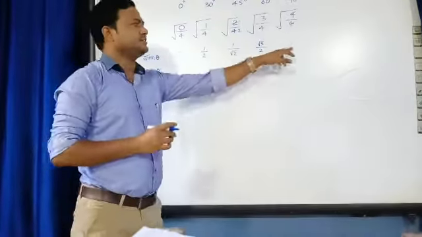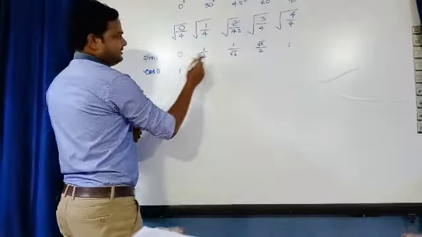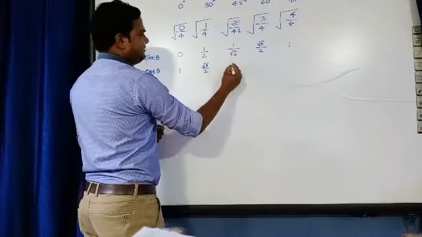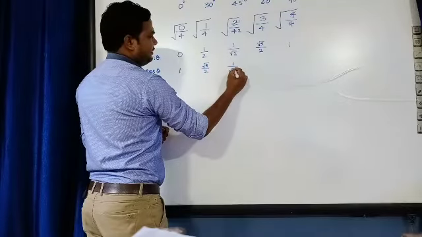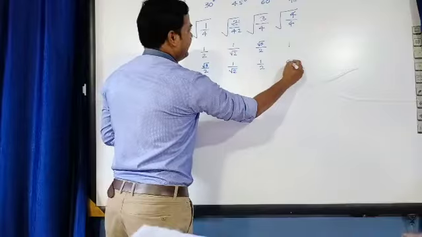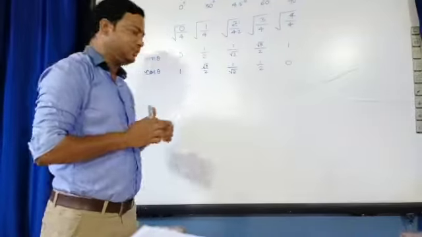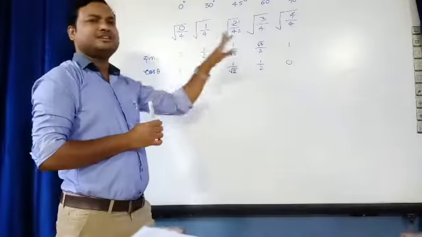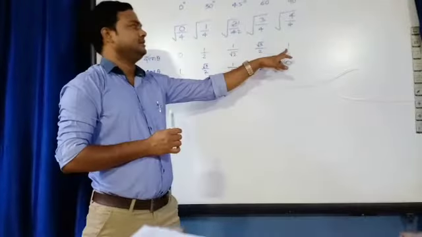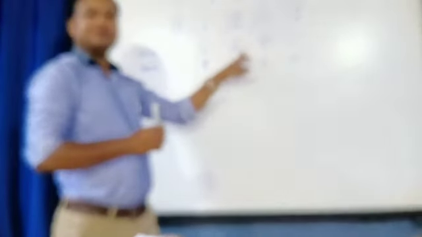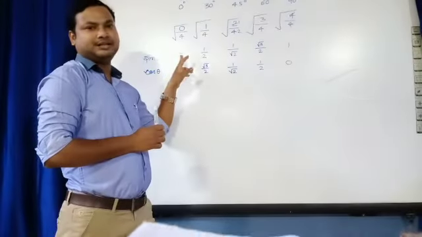First we write 1, then root 3 by 2, then 1 by root 2, then 1 by 2 and 0. Understood? Once again, sin theta written in reverse form gives cos theta.